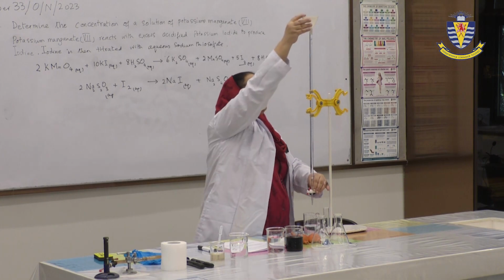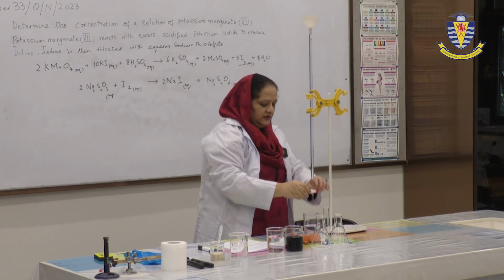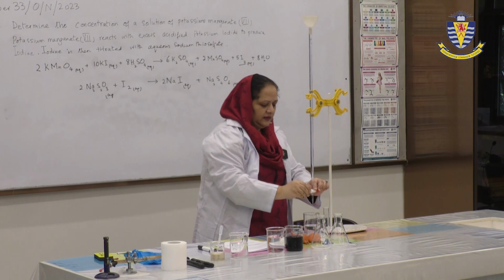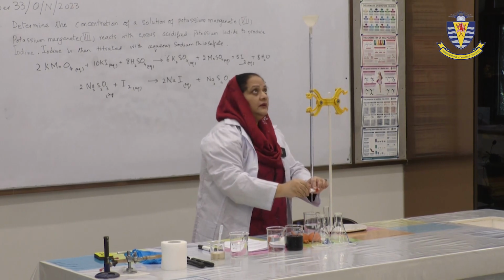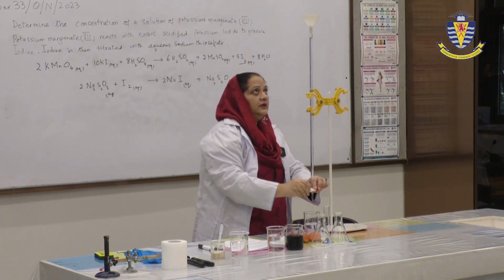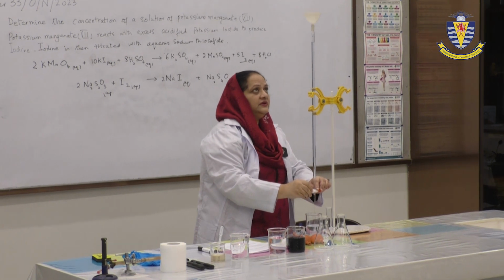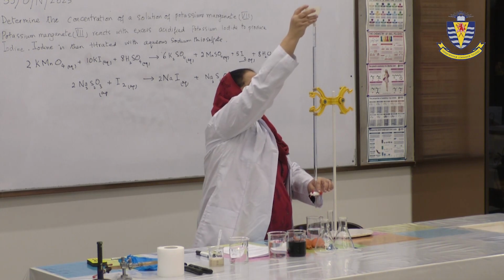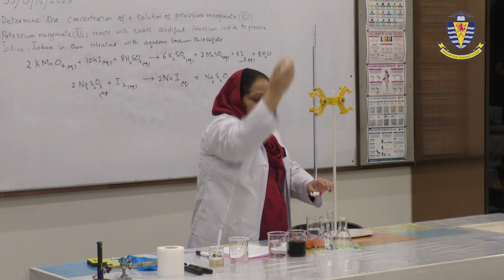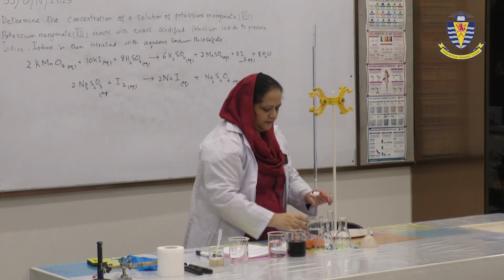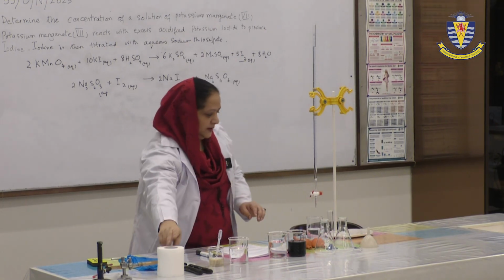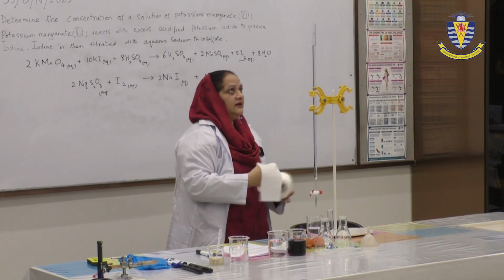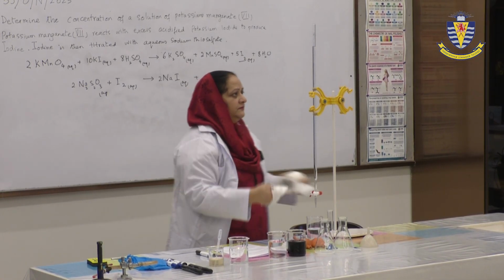This is the extra amount, the extra volume which is not graduated. Take off the funnel once you have filled the burette, and I have taken the extra amount off from the burette.